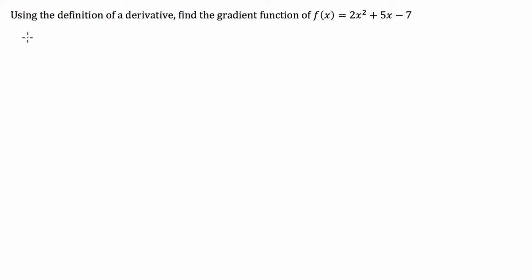Now, for those of you who don't know, the definition of a derivative for a function of x, i.e. f prime of x, they say is equal to the limit as h approaches 0 of the function at x plus h minus the function at x divided by h. Cool. So basically what this does is it's what's called the limiting chord process.